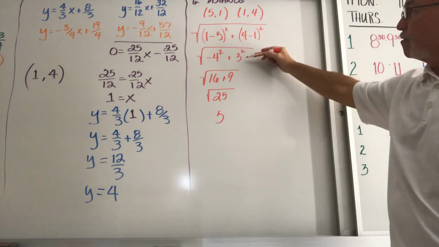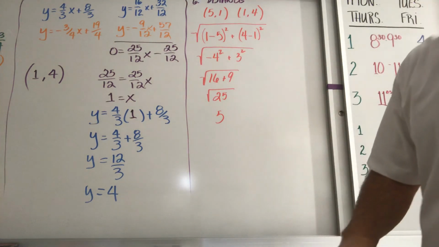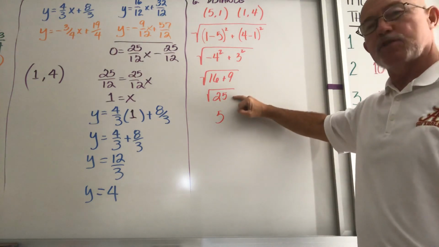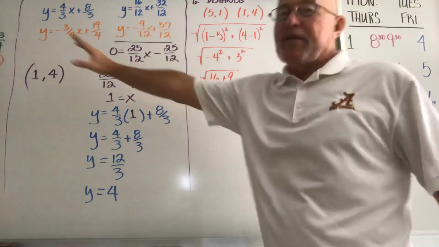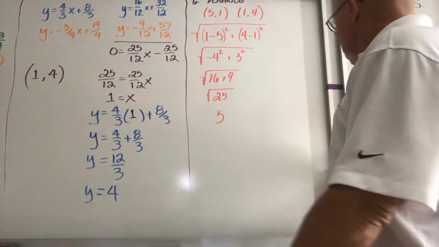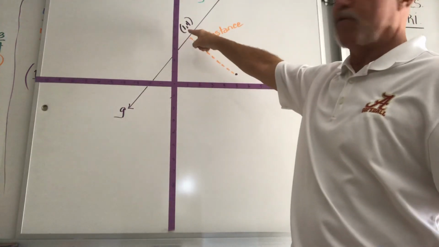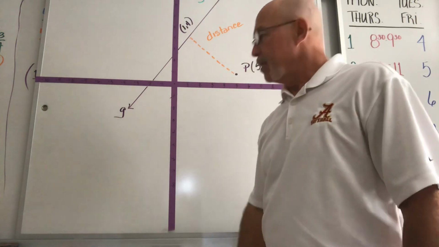Okay, once we get this one, with the magic of modern technology squaring numbers, we get the positives. 16 and 9 is 25, and the square root of 25 is 5. So we did all of this work to find how far it was from that point to that point. Okay?